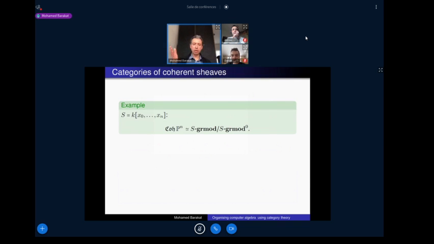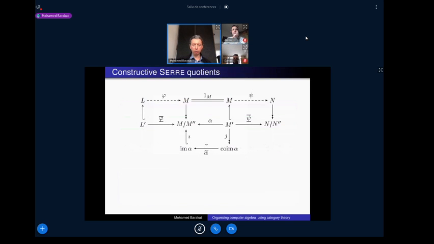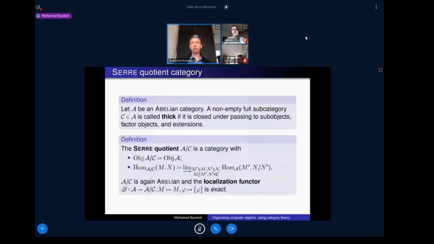And if you take this Serre quotient, then you are precisely modeling coherent sheaves on Pn. And please remember that the only thing we changed in this category is not the objects. So we can say a coherent sheaf is just a module if you change the sense of the morphisms.